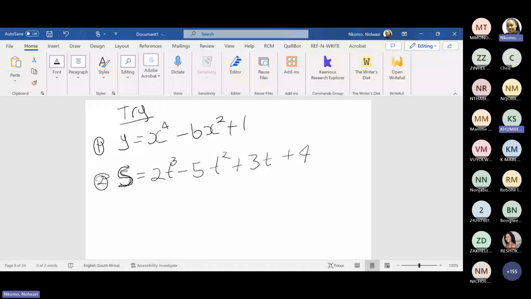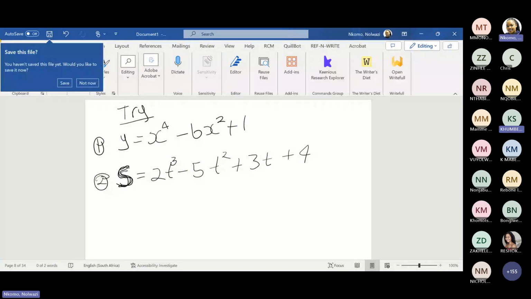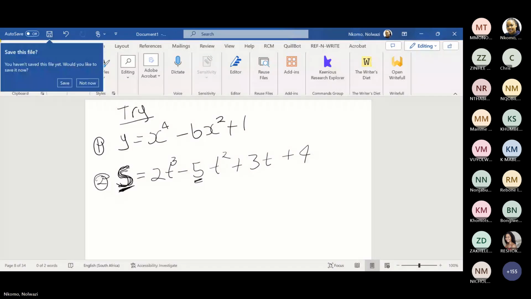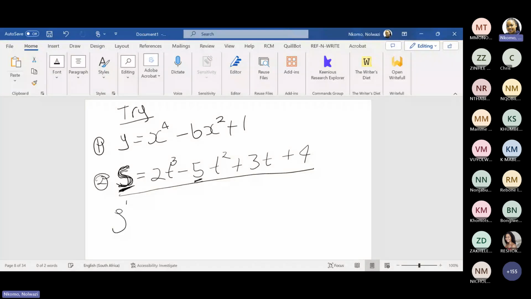It's an S. This is S, and this is 5. It's like where there is Y, I substituted Y with S, and where there is X, I substituted X with T. It still applies the same rules. It's just that here you will have X prime, or F of T, because you are differentiating this function with respect to T.